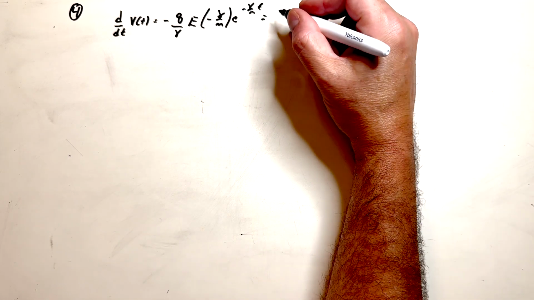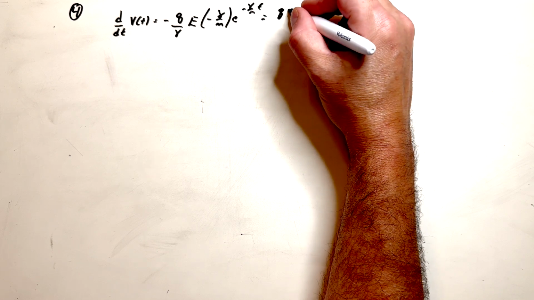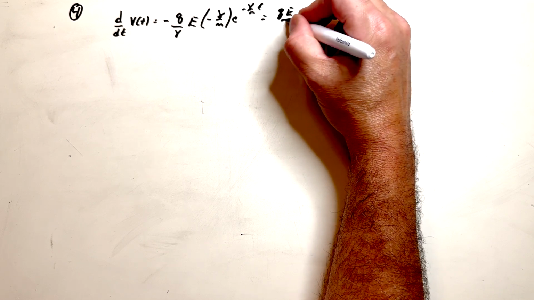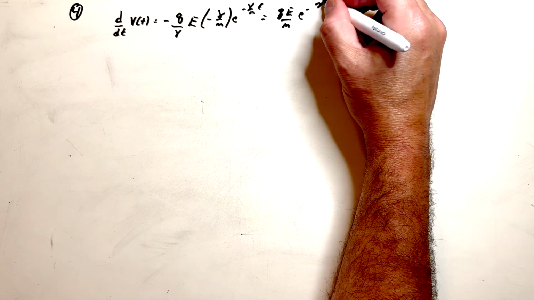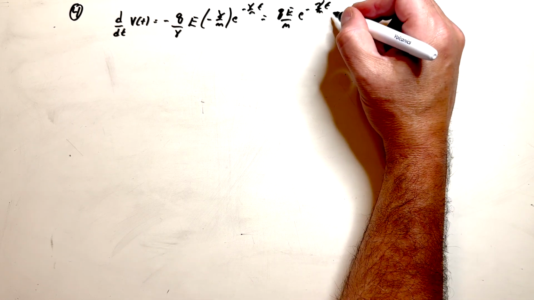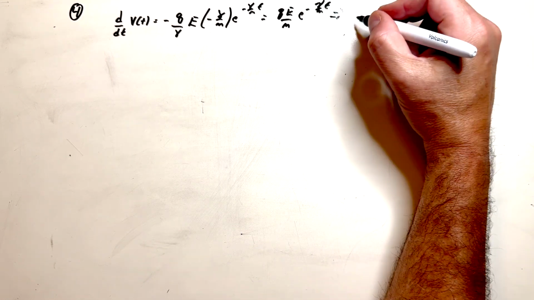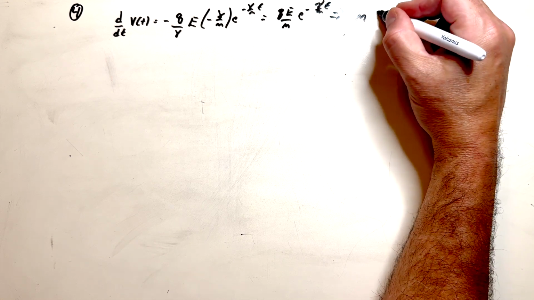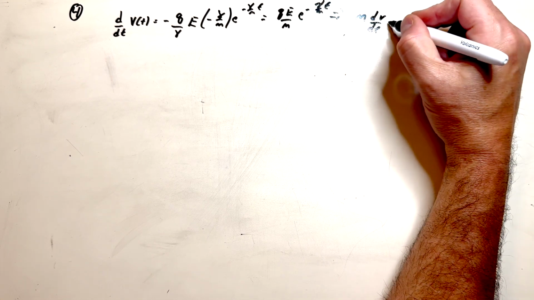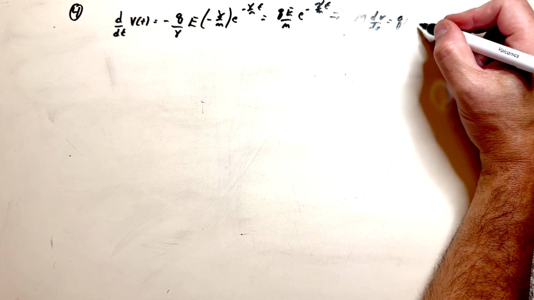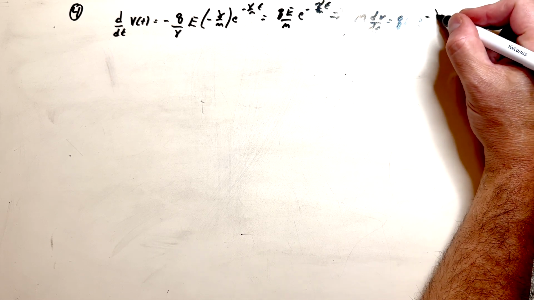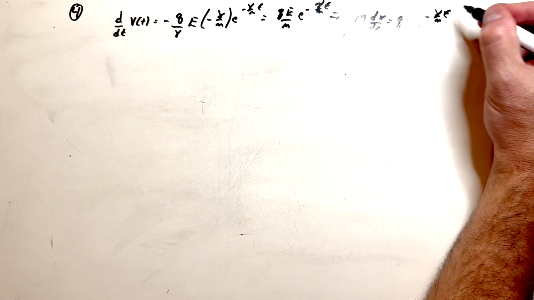And that will be equal to qE over m times e to the minus gamma over m t, which implies that mass times dv/dt is just equal to qE e to the minus gamma over m t.